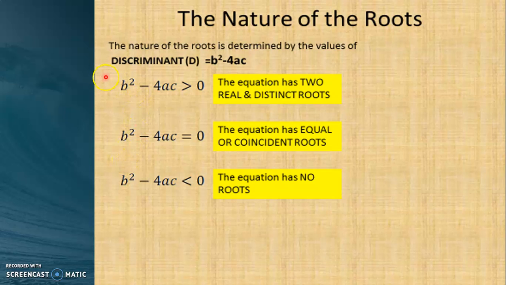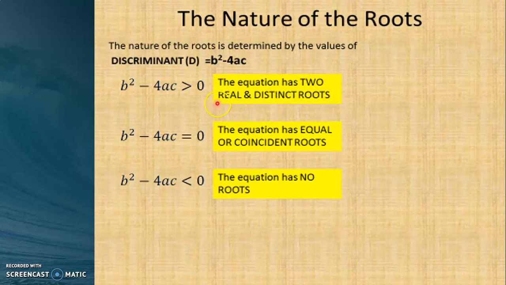First, I'm repeating from the beginning, discriminant. What is discriminant? b square minus 4ac. Then these are the different cases, case 1, case 2, case 3. Greater than 0. If discriminant, this is b square minus 4ac, is greater than 0, the equation will have two real and distinct roots.